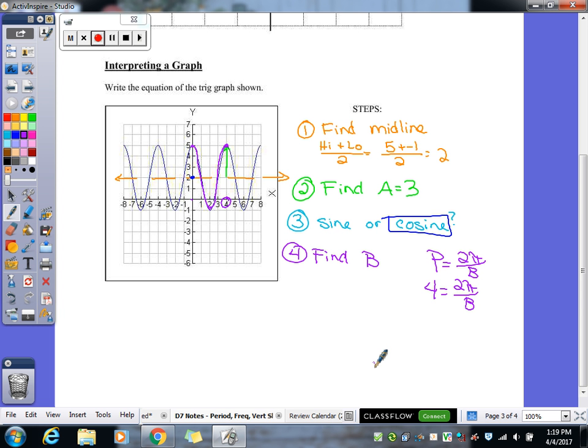So now we kind of have like a little equation that we're trying to solve here. I'm going to put 4 over 1. I'm going to cross multiply. So my 2 pi equals 4b, divide by 4.